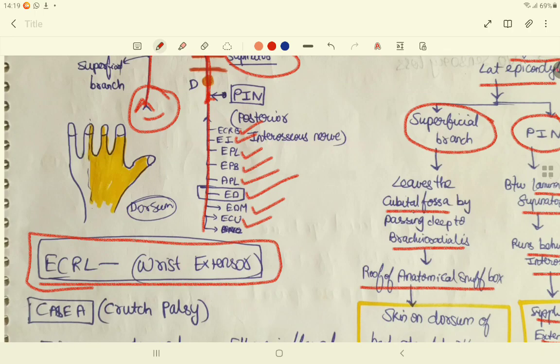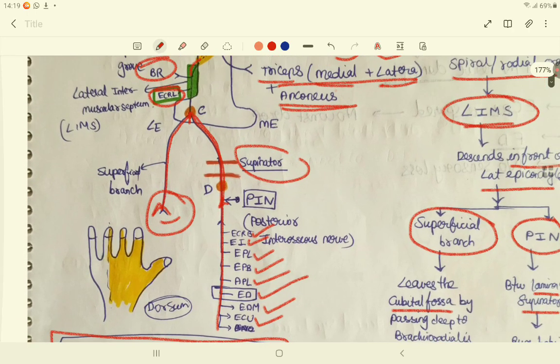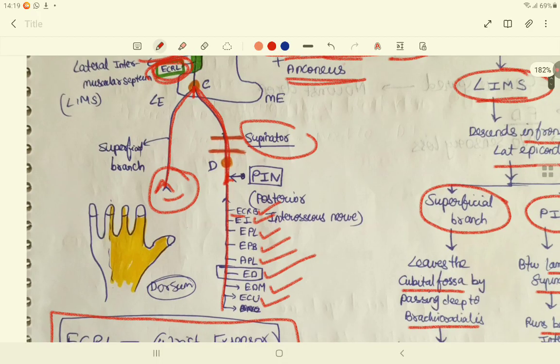Now talking about the muscles present in the posterior compartment, there are two groups of muscles, right? There will be the lateral and the posterior group of muscles. The muscles under the lateral group include our brachioradialis, which has already come here, secondly the extensor carpi radialis longus, which is supplied when it pierces the lateral intermuscular septum, and the extensor carpi radialis brevis, right?